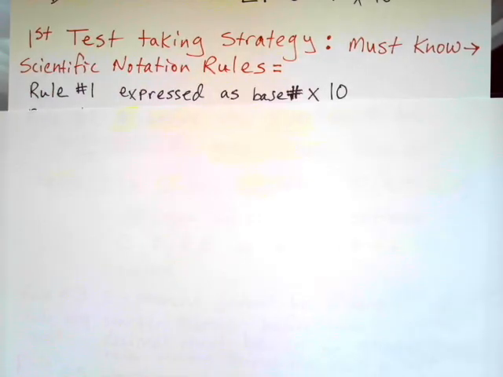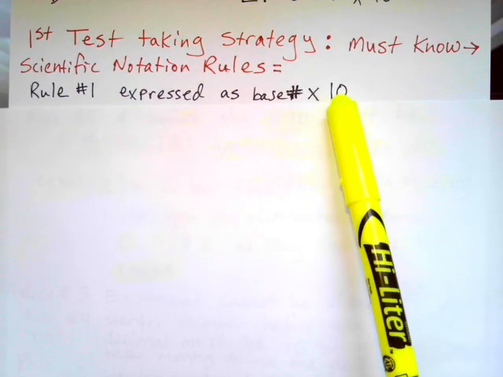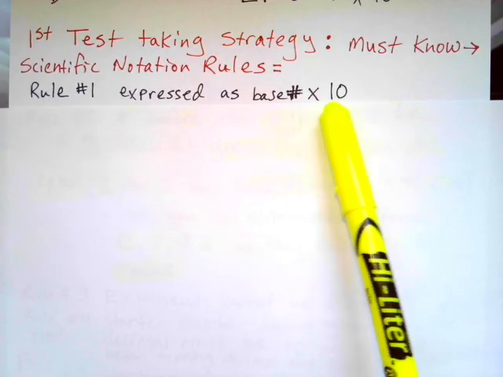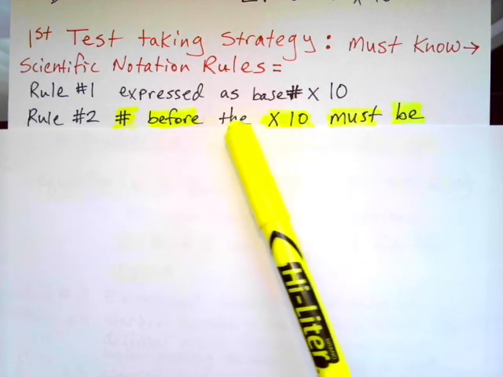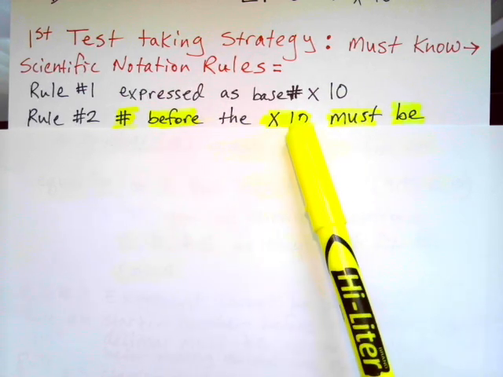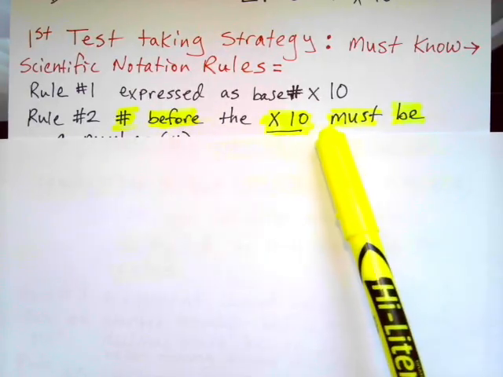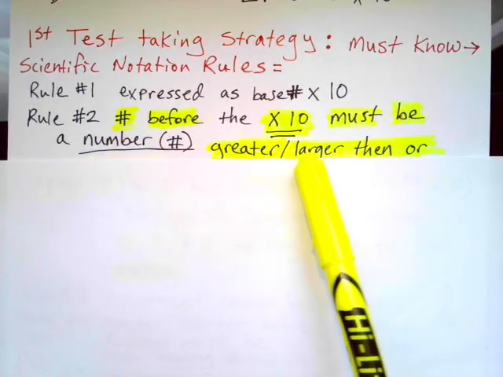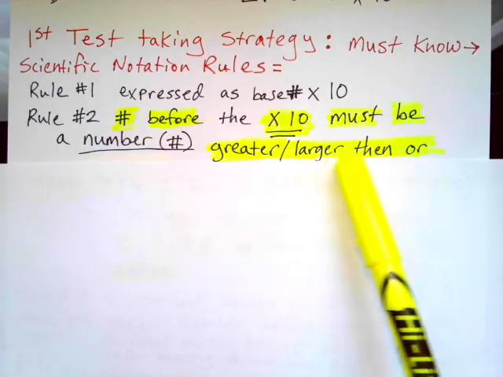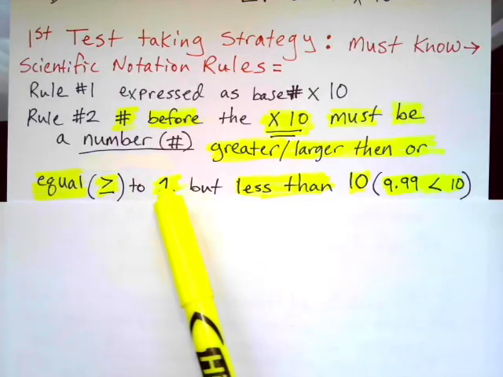So, number 1, first rule I'm going to go over is it has to be expressed in a base 10. That's what you see, the times 10. So, each of the answers has to be expressed in times 10 value. Rule number 2 is the number before the times 10 must be greater than, that's just another way of saying larger than, so greater or equal to 1.